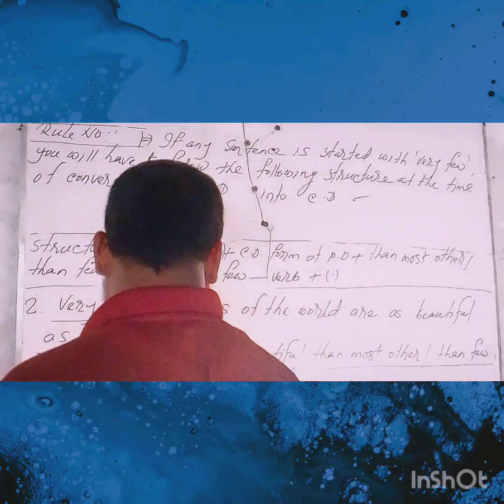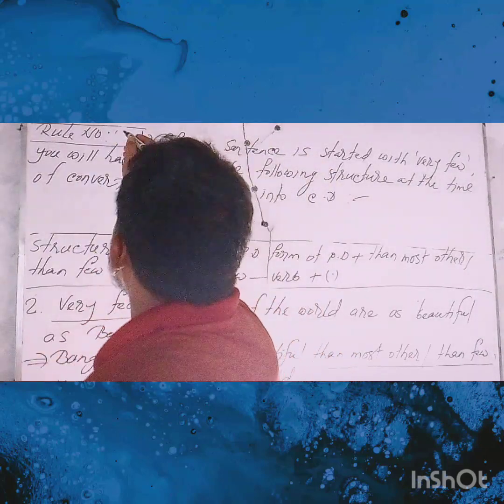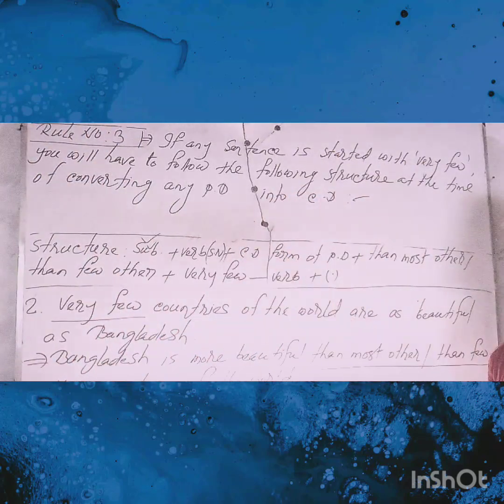Rule number two, and now I am trying to discuss with you rule number three. So, my dear learners, take a look at the board and try to understand the theme I want to make you understand.